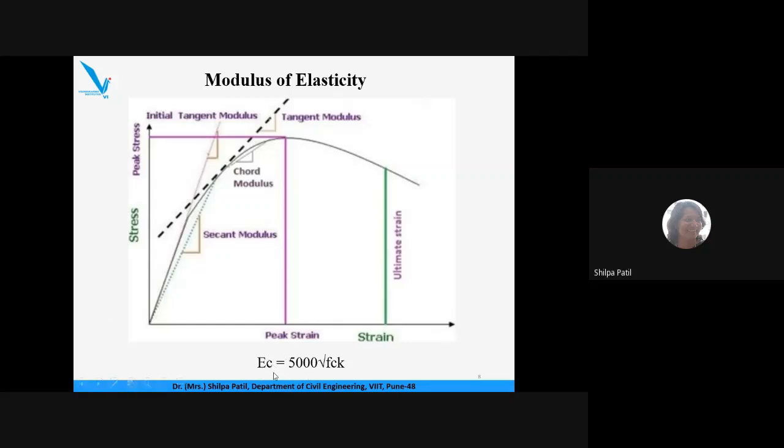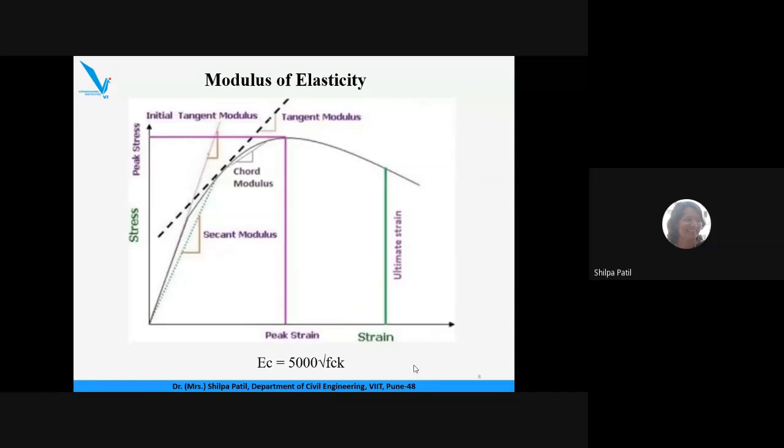Ec, the modulus of elasticity of concrete, equals 5000 root fck. Now this relation we obtain when we perform a compression test by applying a rate of loading of 14 megapascal per minute on a concrete cube. Okay, and this is identified as the short-term modulus of elasticity, and that value is always taken into consideration for the design purposes. Is it clear?